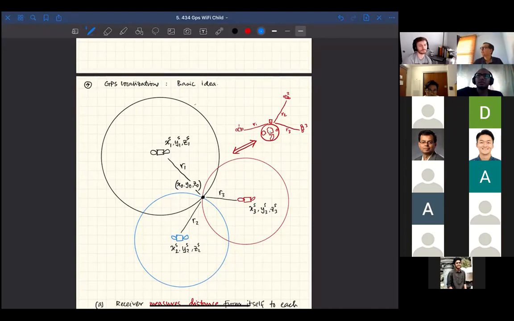Wait, you might be right. 2 spheres would intersect on a circle, and 3 spheres would intersect at 2 points, you're saying? Yes. Yeah, you're right.